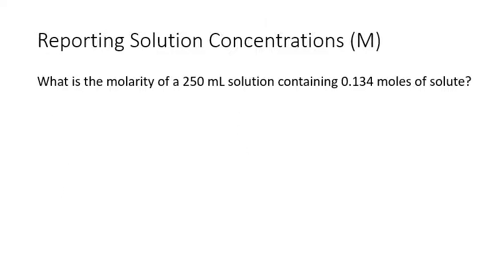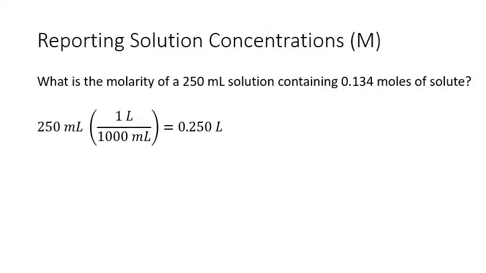And we've got a few different examples of that. So here's another example. We're looking at a sample that's 250 milliliters of solution, and in that 250 milliliters is 0.134 moles of a particular solute. So again, remember that we have to convert, because it's moles per liter, not moles per milliliter. We're going to have to convert milliliters into liters, and as long as our milliliters up here cancel with our milliliters down here, the only unit that doesn't cancel is liters.